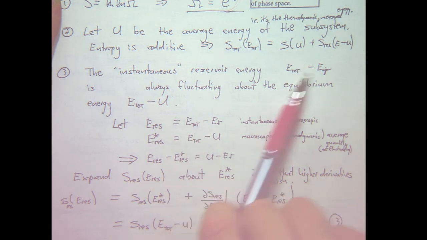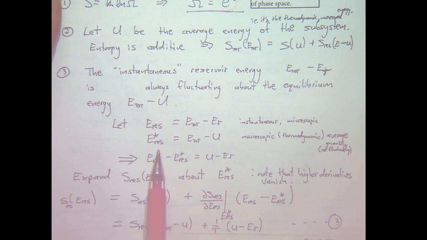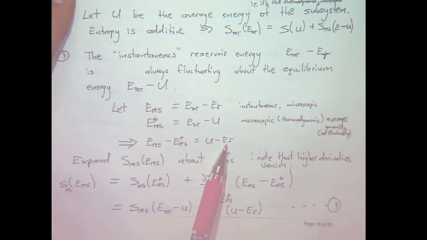That's a continuously fluctuating quantity. It's a random variable. And E res star, I would call it, is the stationary average E total minus U. I just need some nice symbol for it. So E total minus U is just a macroscopic thermodynamic average. Now, E res minus E res star is U minus ER.